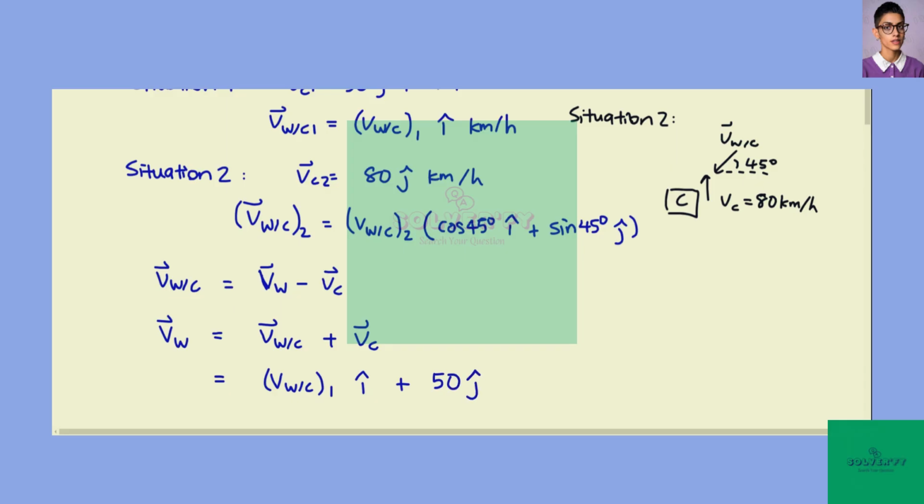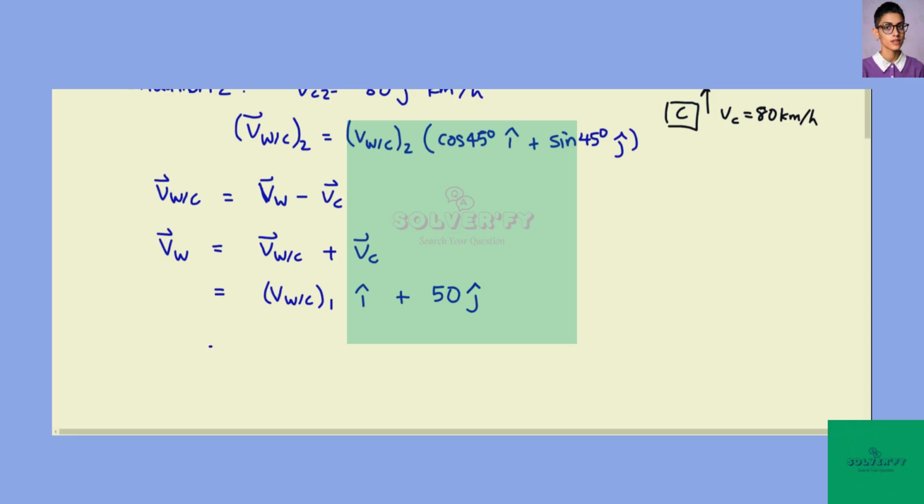That's for situation 1. And then for situation 2, we have VW/C2 cosine 45 degrees i hat plus VW/C2 sine 45 degrees plus 80 j hat.